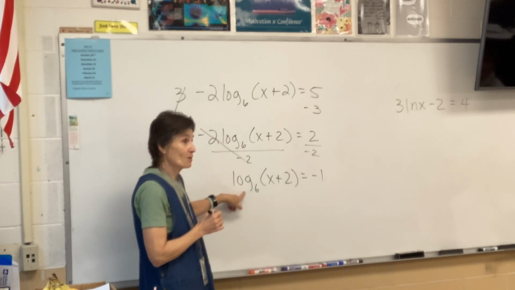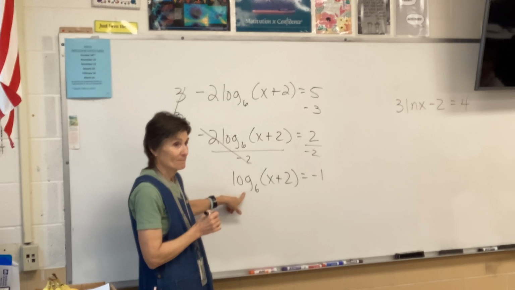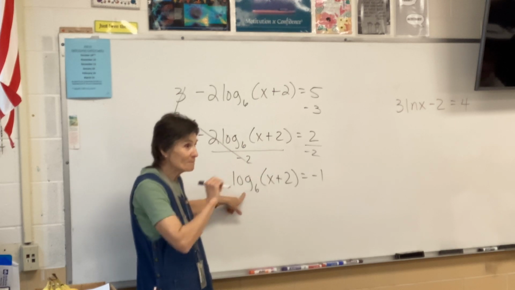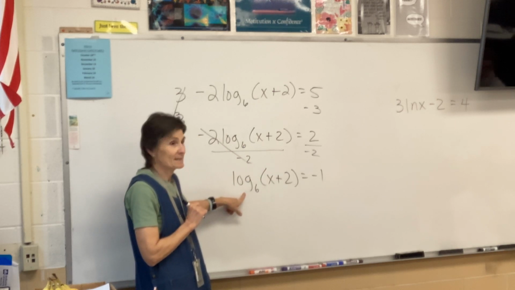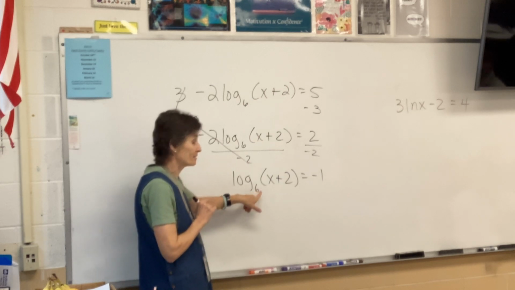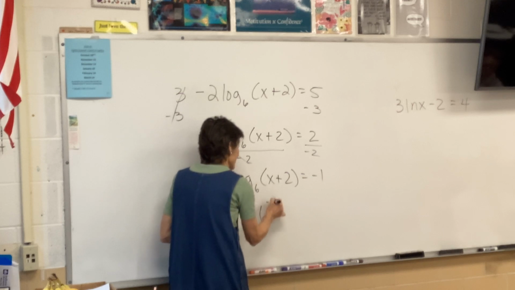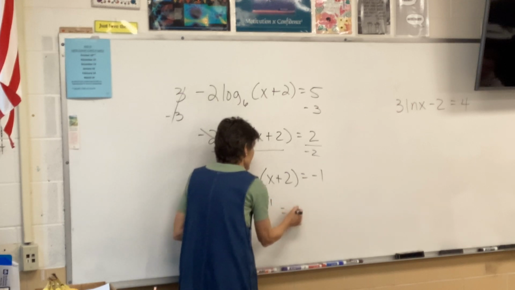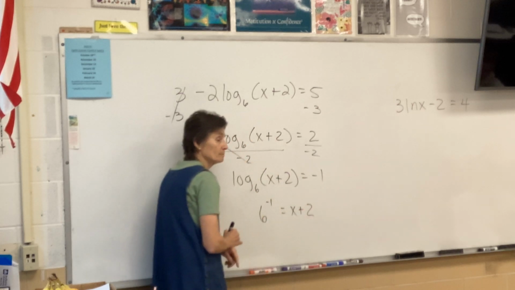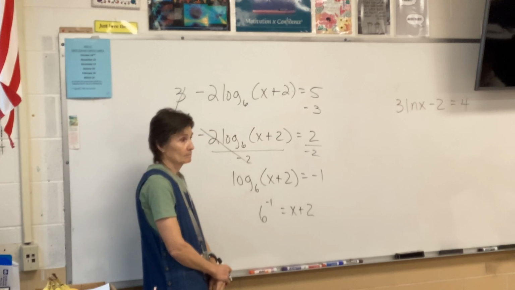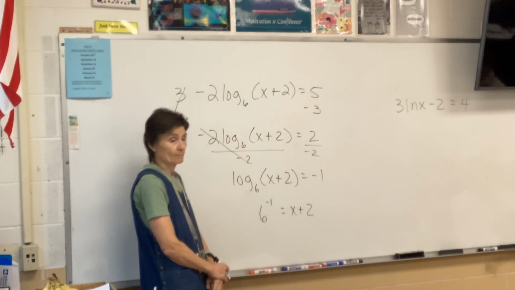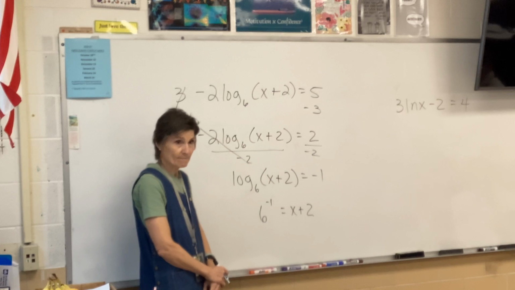We need to get rid of this logarithm. How do we get rid of a logarithm? Exponentiate it. That's exactly right. So we start with the base. So 6 to the negative first equals x plus 2. Would you agree?